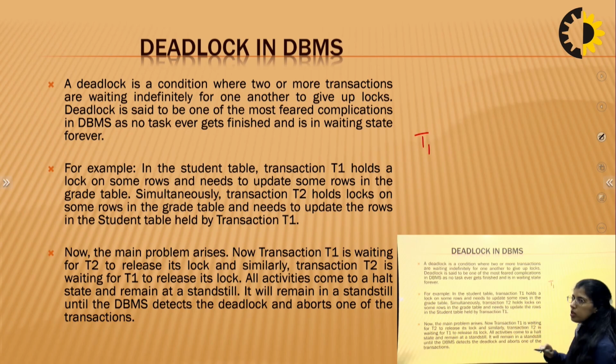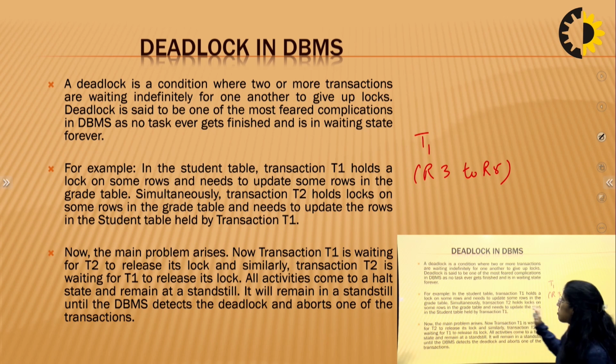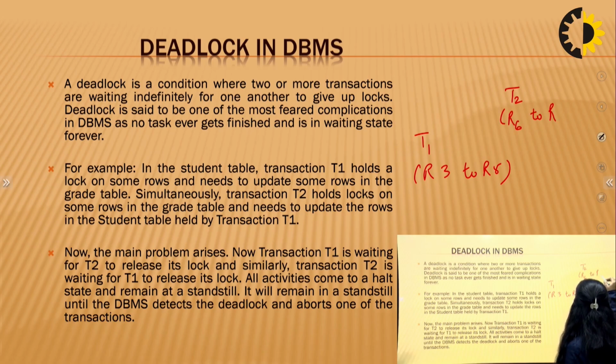One of the transactions is doing some modification from row 3 to row 5, right? Simultaneously, transaction T2 holds a lock on some rows in that particular table and needs to update the rows in the student table held by the other, and there is another transaction which is working on row 6 to row 8.